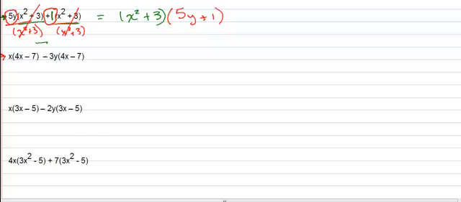Now this one, again, the next one has something special in it. And that is, we see that there's a negative in the middle. So I just want to make sure that we talk for a minute about how to deal with the negative. First things first, we're looking for the GCF. We see that the parentheses has 4x minus 7. So that is our GCF, 4x minus 7. And now we, of course, are going to divide that out.